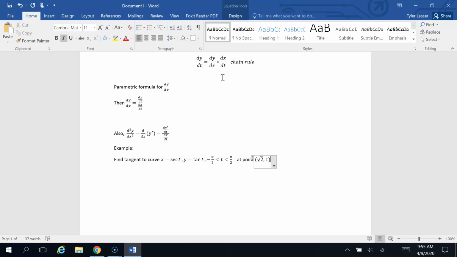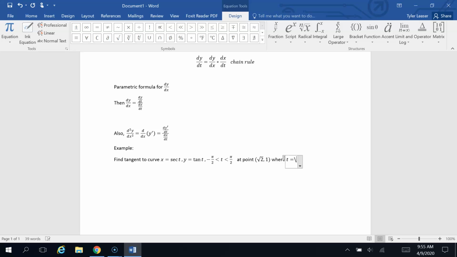Okay. So sometimes on the homework questions, they will just give you the point in rectangular form like this. Sometimes they'll just give you the parameter, but know that you can get back and forth. So on this question, they actually give you both. They say where t is pi over 4.